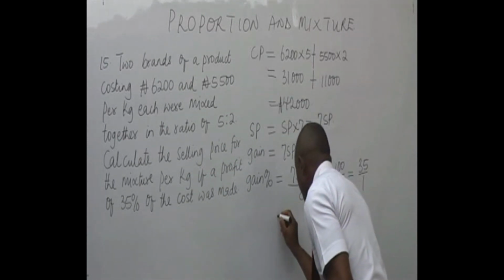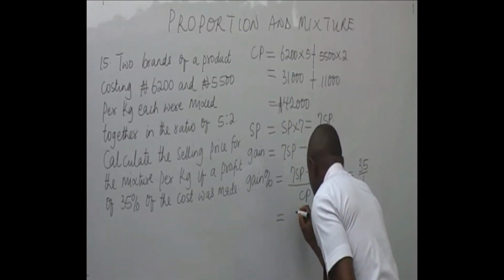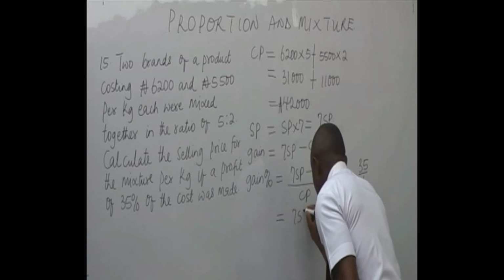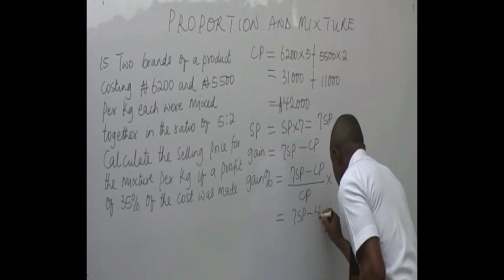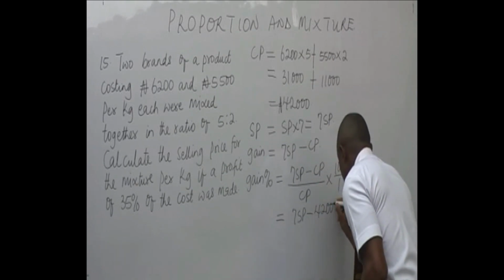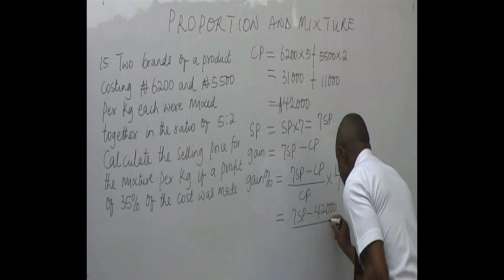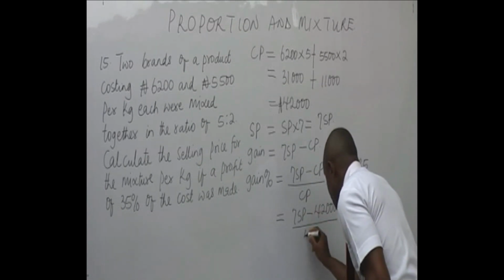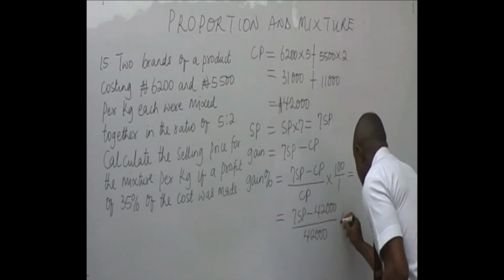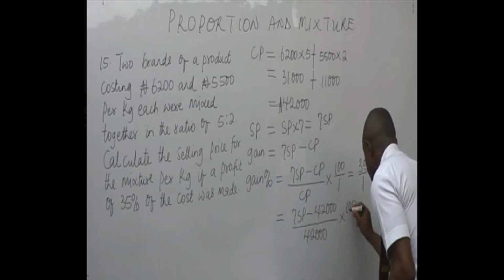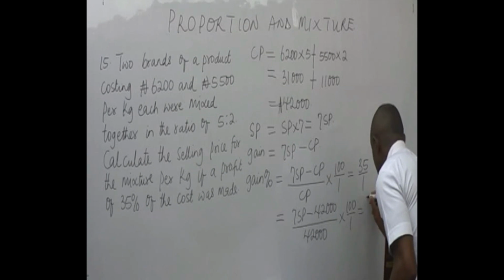So we're going to have that our gain percent is going to be 7 SP minus cost price, which is 42,000, divided by same cost price, which is 42,000, times 100 all over 1 is equal to 35 all over 1.